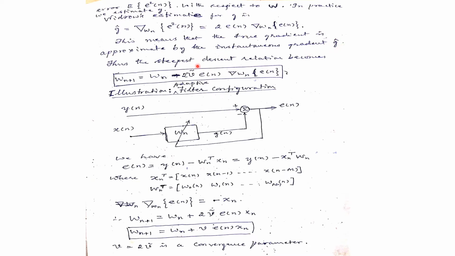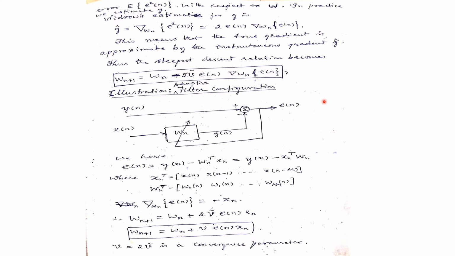Thus, the steepest descent relation becomes the least mean square, LMS, algorithm, which turns out to be Wn plus 1 equal to Wn minus 2 times V, that is 2 times V, this 2 coming into the picture because of this, V e of n gradient of e of n. This is obtained by making the substitution for G in the LMS algorithm that we indicated earlier.